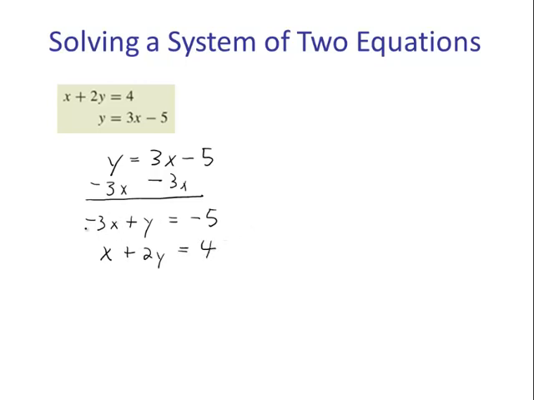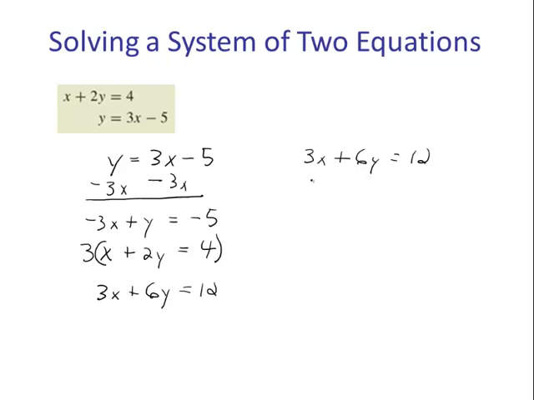And what we want to do is we want to eliminate either the x or the y. I'm going to eliminate the x. So that means I need to multiply this equation by 3. So this is going to become 3x plus 6y equals 12.